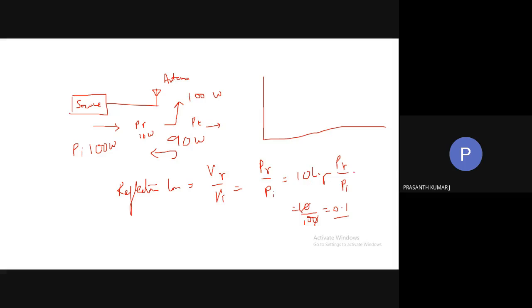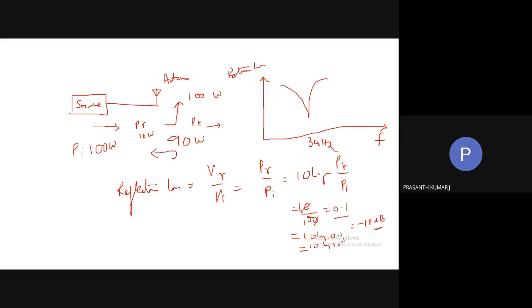So if you take this here, 10 log 0.1. 0.1 can be written as 10 power minus 1. So 10 log 10 power minus 1. So this becomes minus 10 dB. Suppose in an antenna at 3 gigahertz, for example, take that this is frequency and this is return loss.